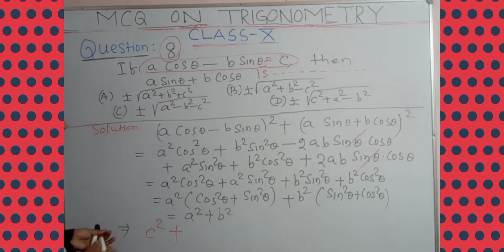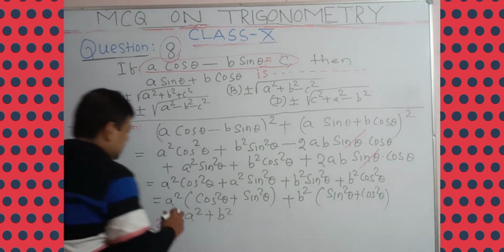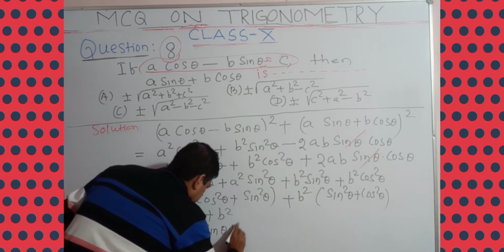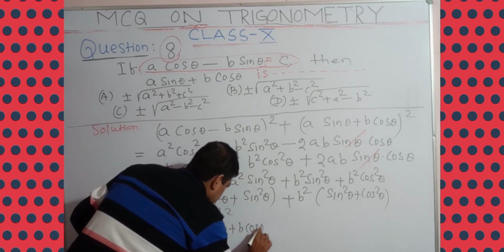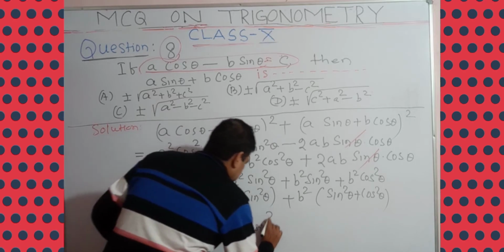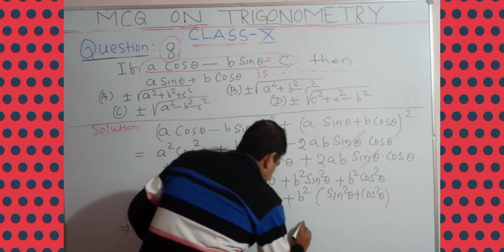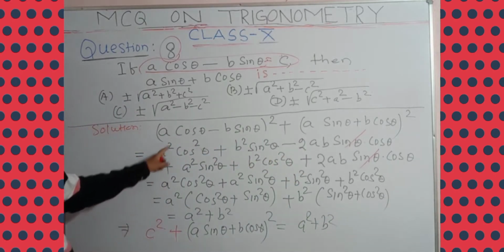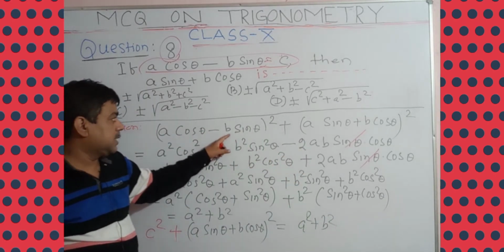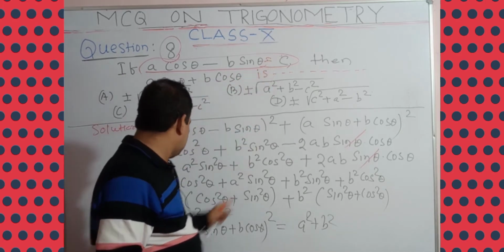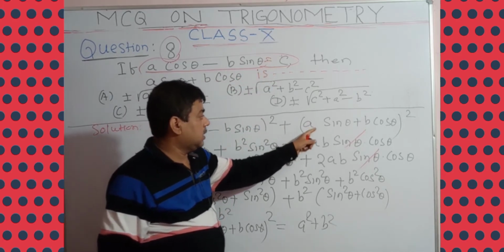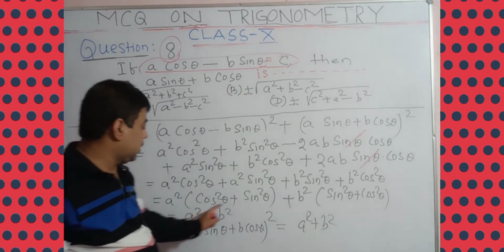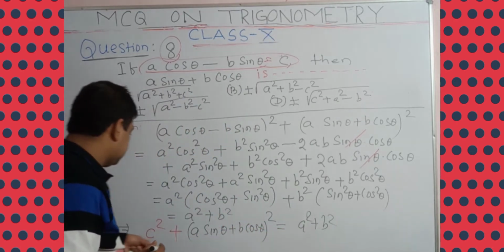Understand? Okay. Then a sin theta plus b cos theta whole square is equal to a square plus b square. Already got? Okay. So in this place, a cos theta minus b sin theta, can you write c? So c square plus a sin theta plus b cos theta whole square is equal to a square plus b square. Can you write?